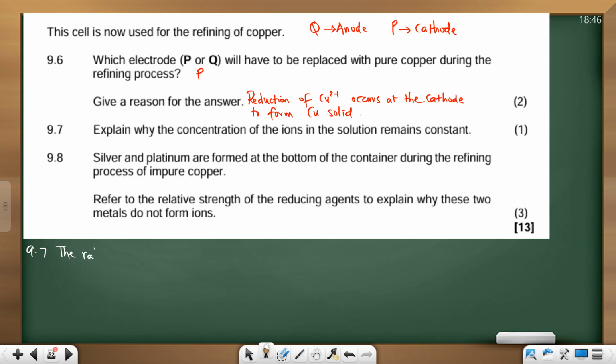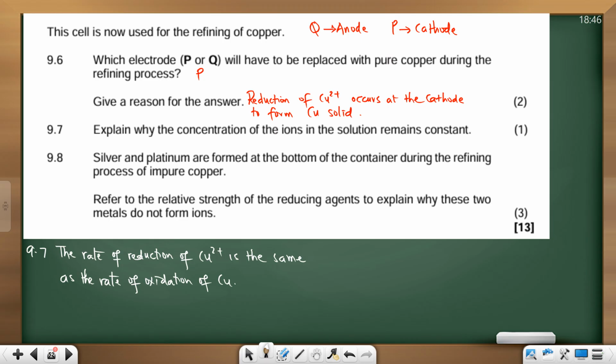The rate of reduction of Cu2+ is the same as the rate, do you remember this, of oxidation of copper. Please know when to use the ions, know when to use the solid. All right. Solids are oxidized, ions are reduced.